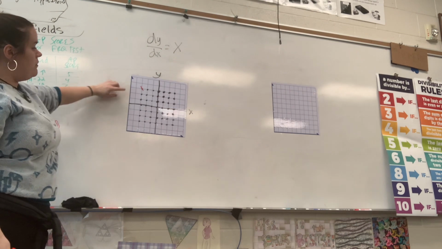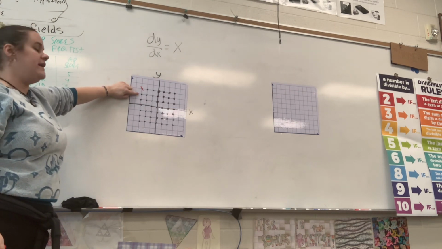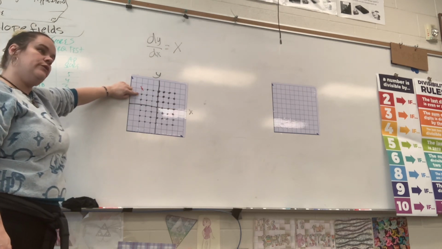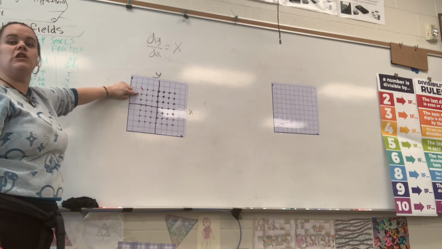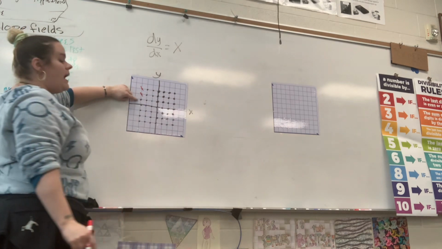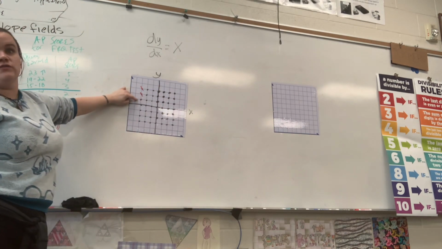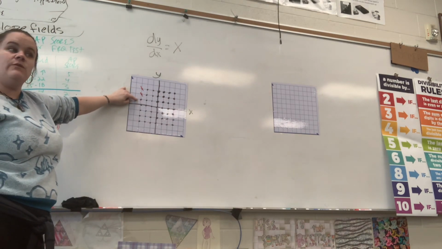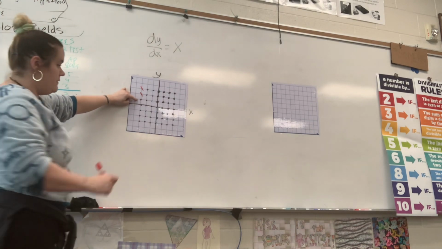Now, I don't know if my graph goes through the point here at -3, 2, but if it did, what would its slope be? -3. I don't know if my graph goes through this coordinate point, but if it did, what would its slope be? -3. Okay.